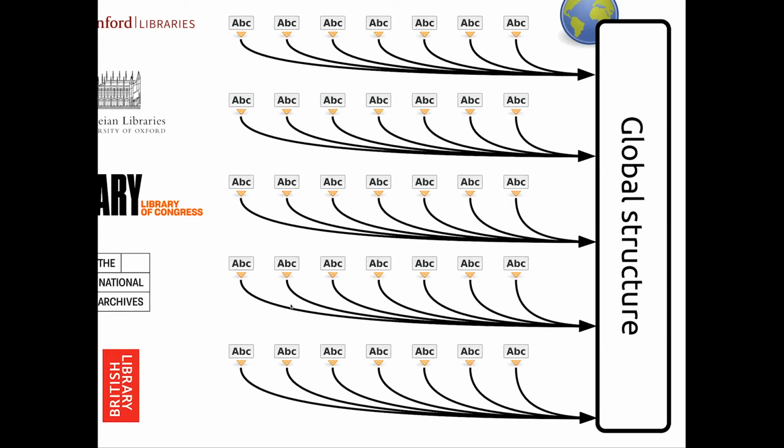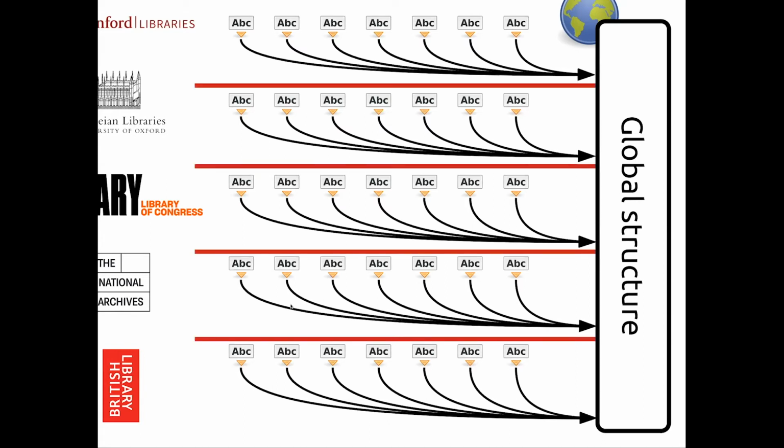That would work. And that also would take away the problem of somebody changing something and everybody else having to make changes as well. Because now each institution is responsible for its own database and how that database connects to the global structure. The question is, of course, what is that global structure? What magic box is that? And this is where linked data is giving an answer.